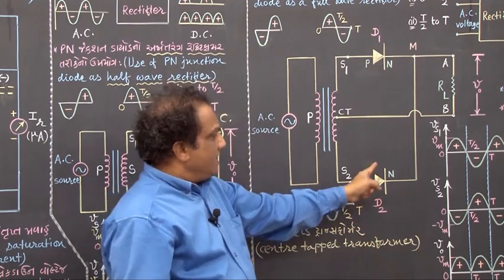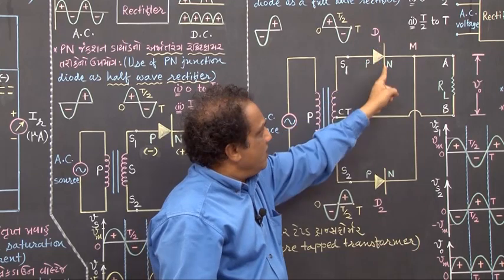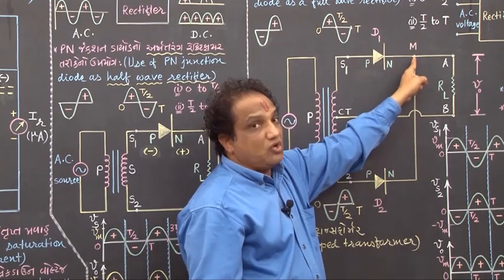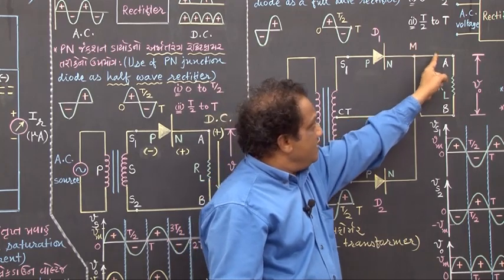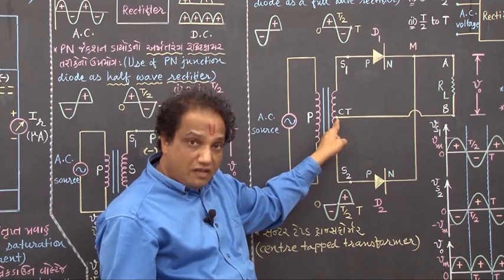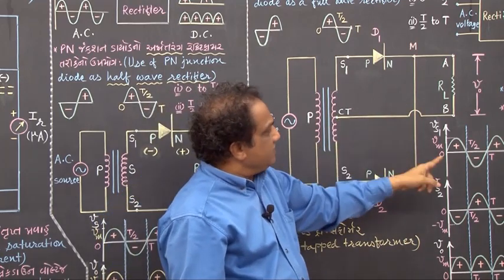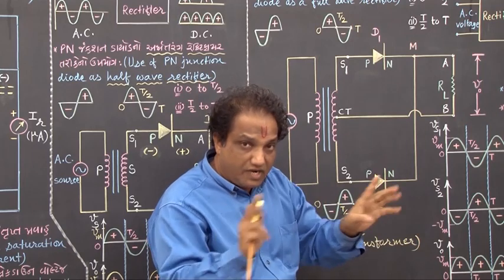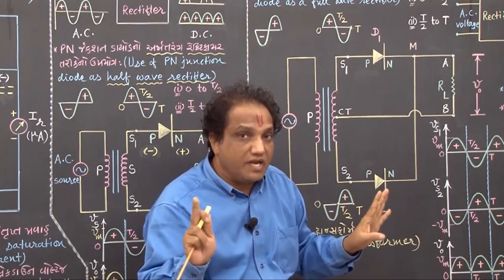Then the cathodes of those two diodes are interconnected at this point, and this common point is connected to the center terminal. This symbol indicates that these two wires are overlapping, but the currents are not getting mixed up.